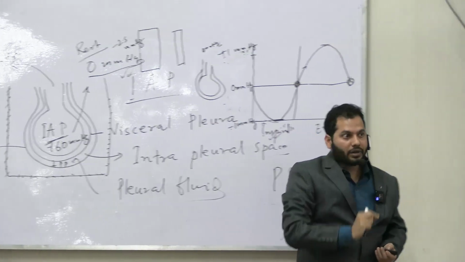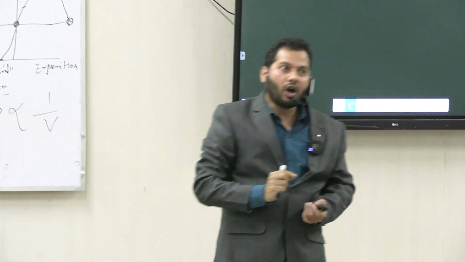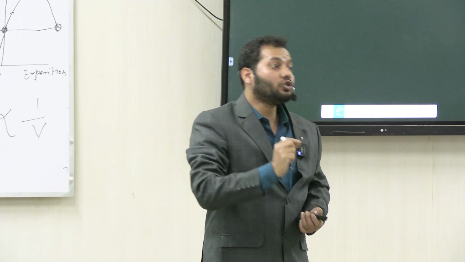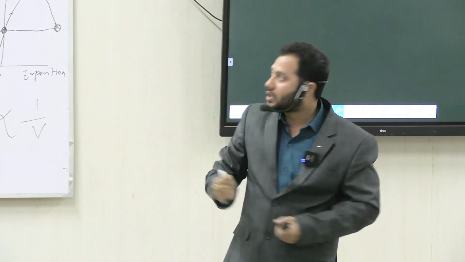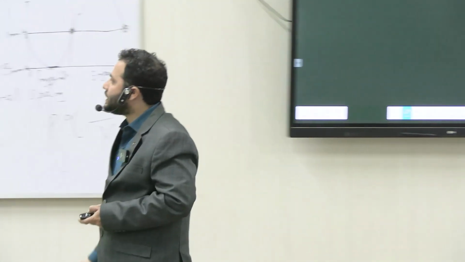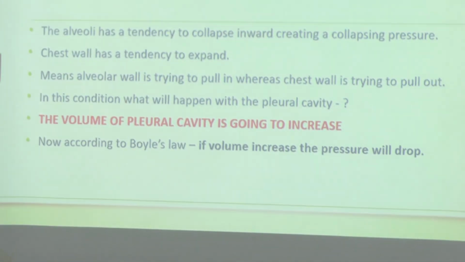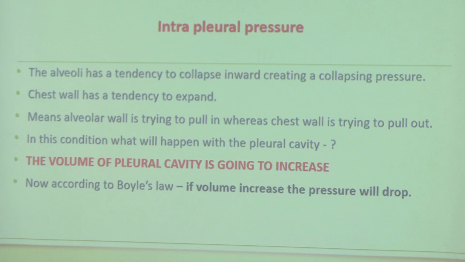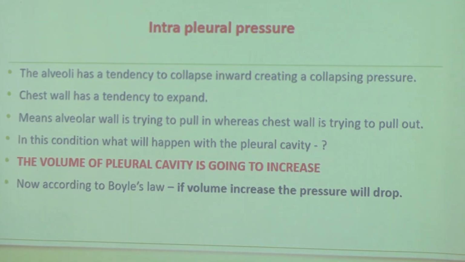We have to remember that the intrapleural pressure always maintains a negative pressure, and it is only due to the opposing forces, right? So here you can see the volume of pleural cavity is going to increase. Why? It is only because the alveolar wall is trying to pull in, whereas the chest wall is trying to pull out.